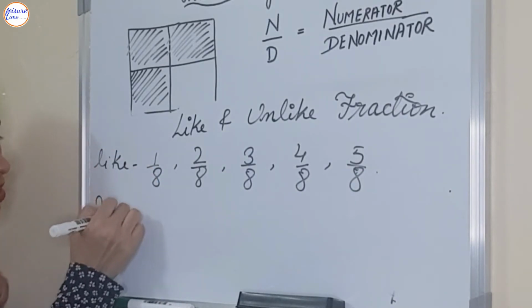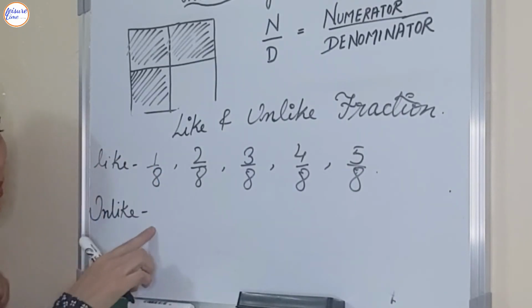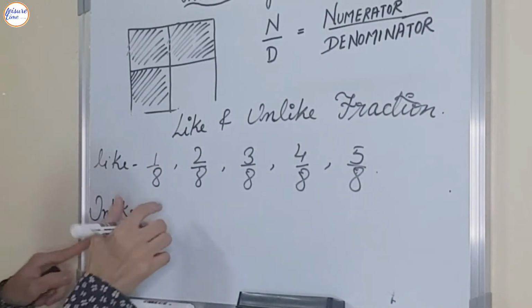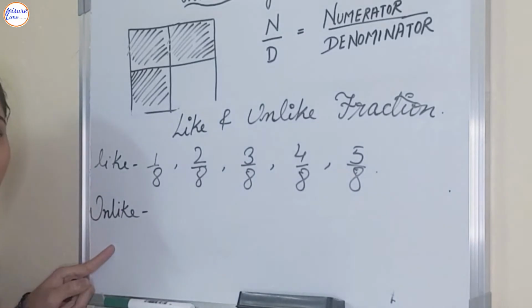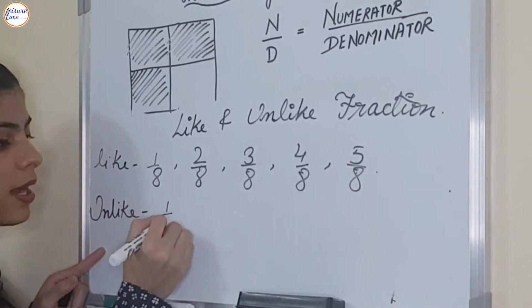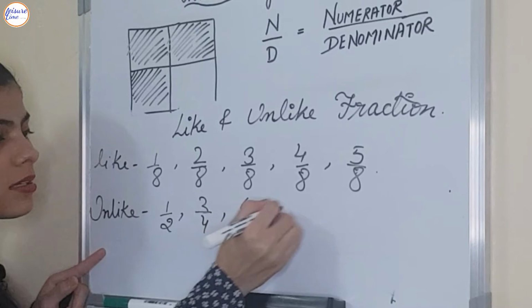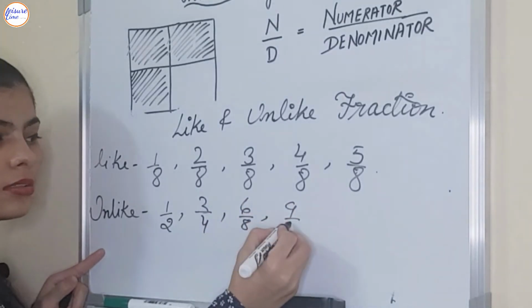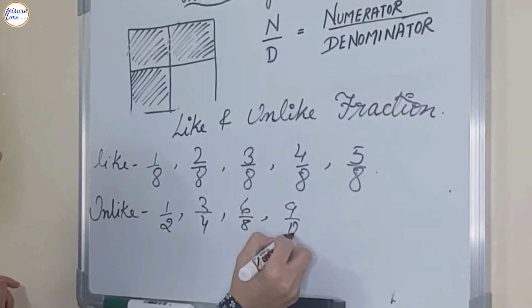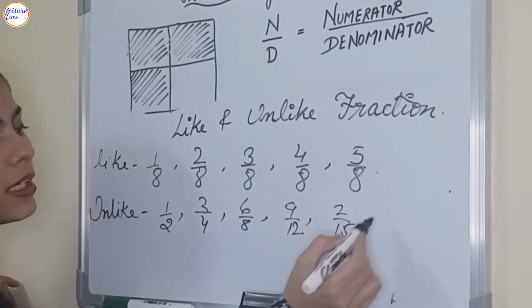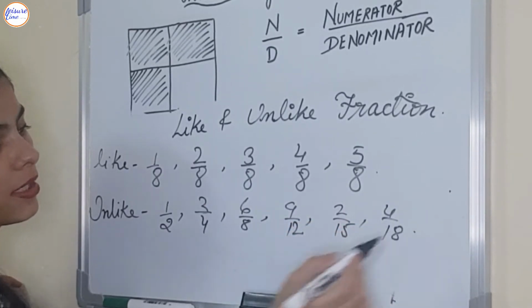Now see unlike fraction. If the denominators' values are different, means not same. For example, 1 by 2, 3 by 4, 6 by 8, 9 by 12, 2 by 15, 4 by 18.